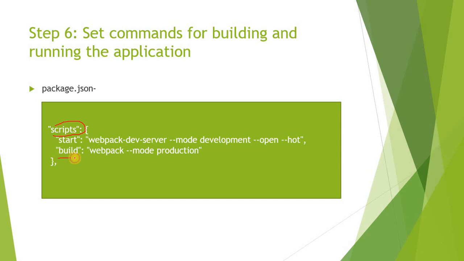If you want to compile or build your application, or create a bundle file for it, simply define the command webpack --mode production. It will build your application in production mode, which is the default mode. If you don't define the mode, it will always build your application or create a bundle in production mode.